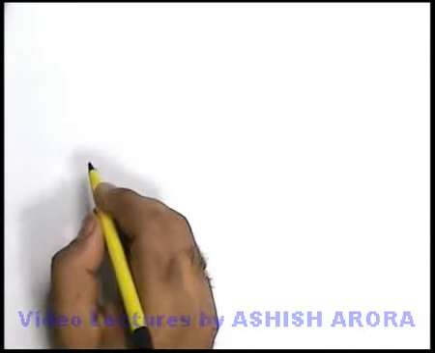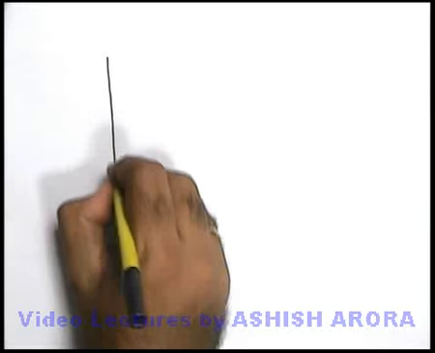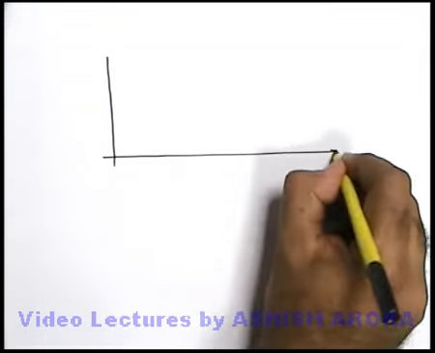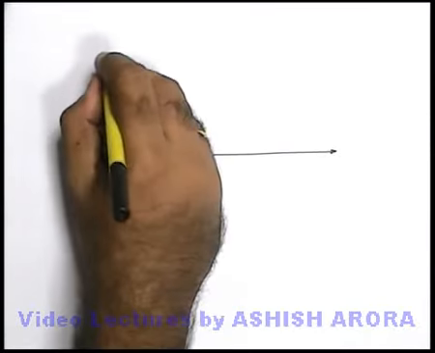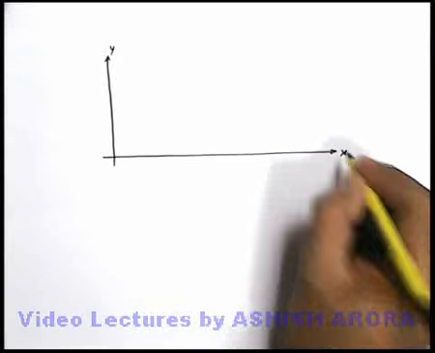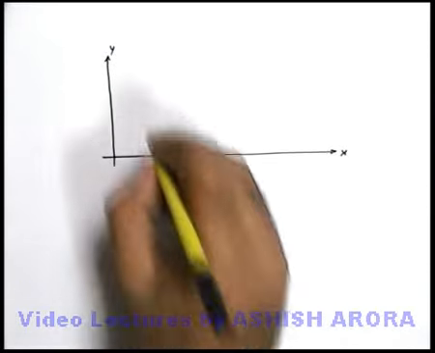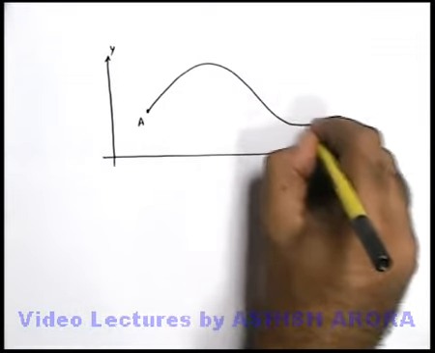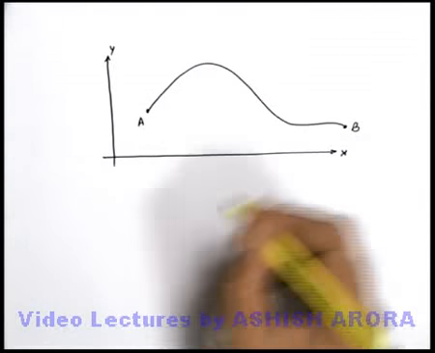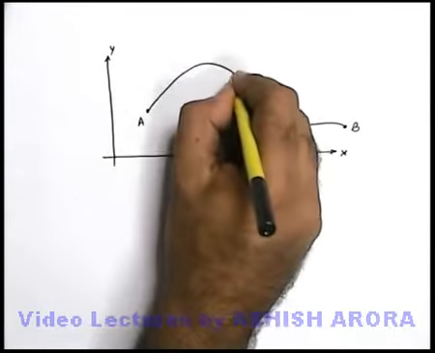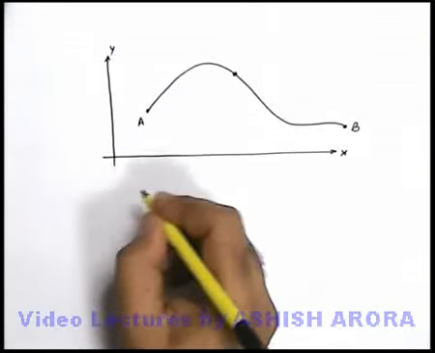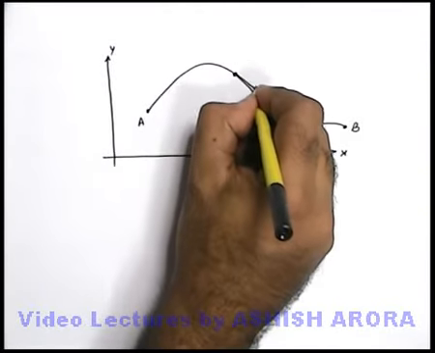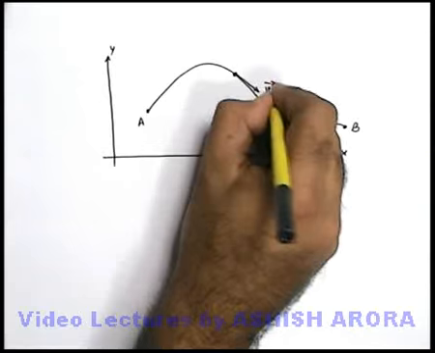To understand the concept in a better way, we take up a practical illustration. Say we have a coordinate system xy. In this coordinate system, a particle starts from point A, moves along this path and goes to point B. At any point where the body is moving, the particle is moving with a velocity vector v.